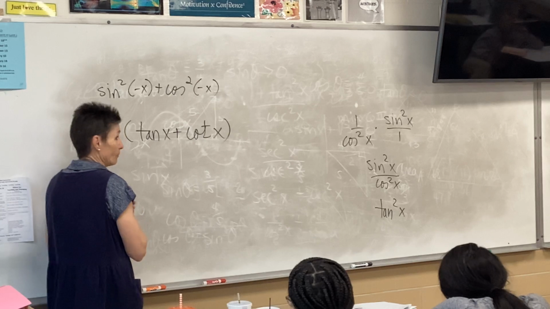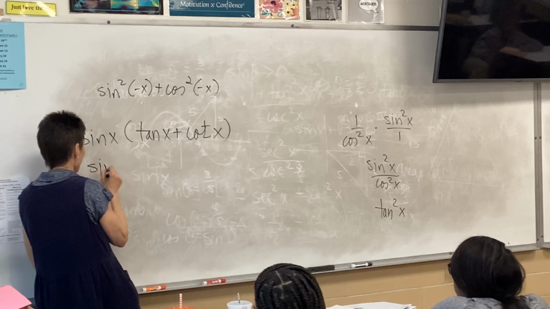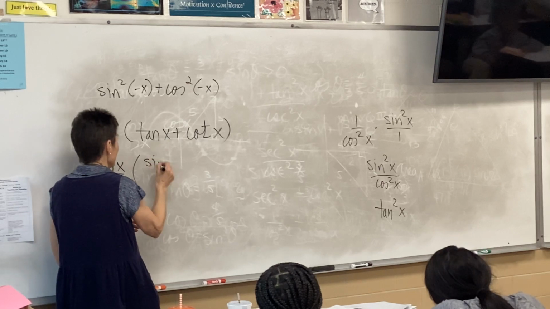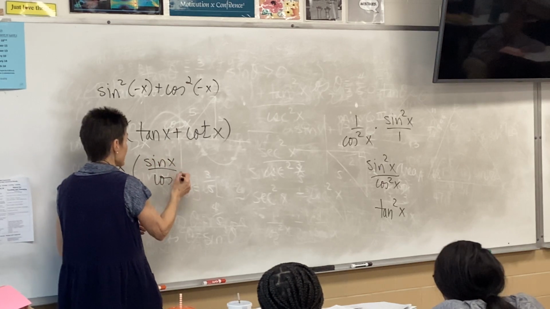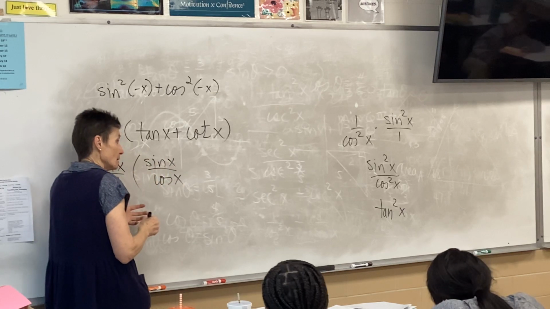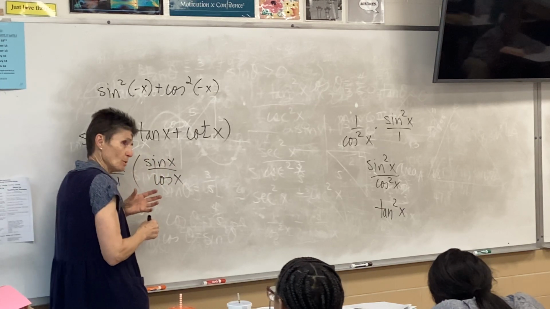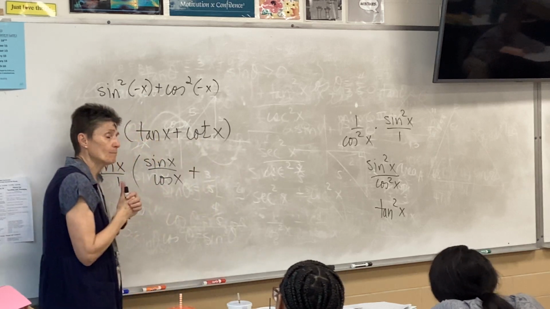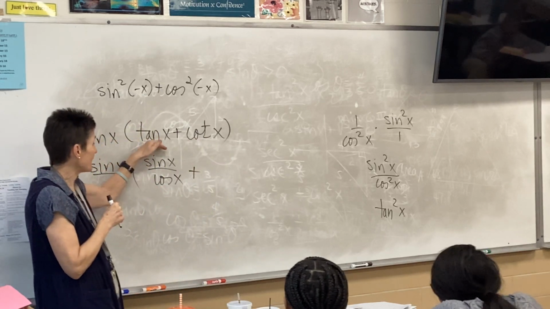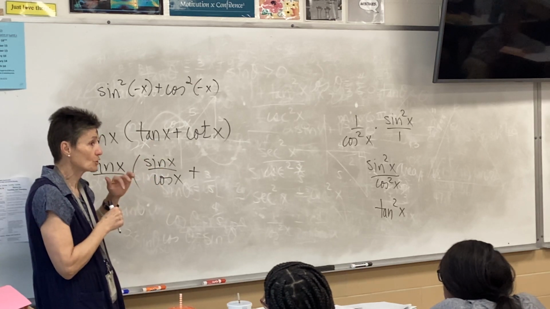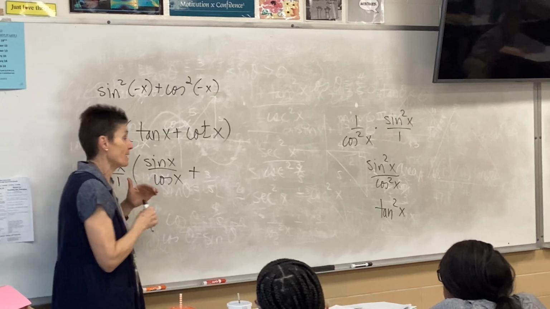That sounds like a wonderful plan. This is sine over 1, and this is sine over cosine. That's beautiful. Cotangent. What's cotangent? If tangent was sine over cosine, then cotangent will be cosine over sine.